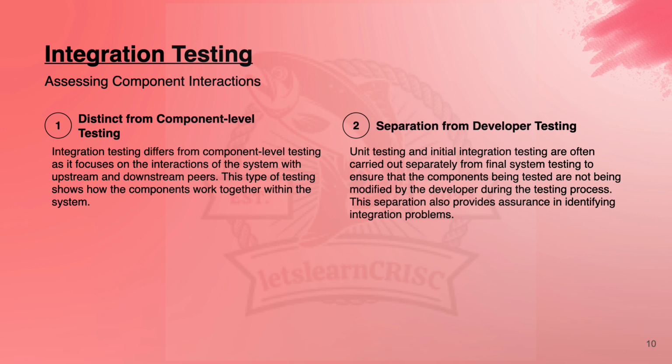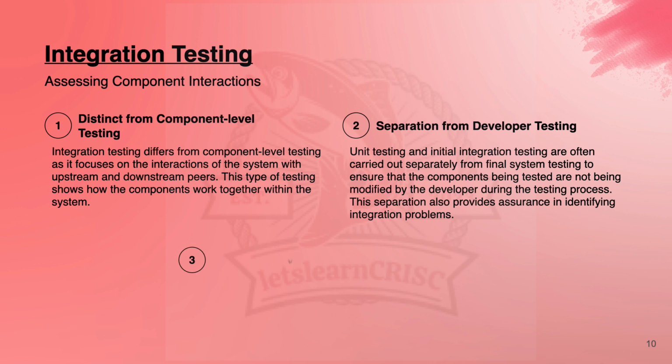Friends, the separation of unit testing, initial integration testing and final system testing is a structured approach that prevents interference from ongoing developer modifications, ensures stability during testing and provides assurance in identifying and resolving integration problems systematically. This approach contributes to the overall reliability and functionality of the system.